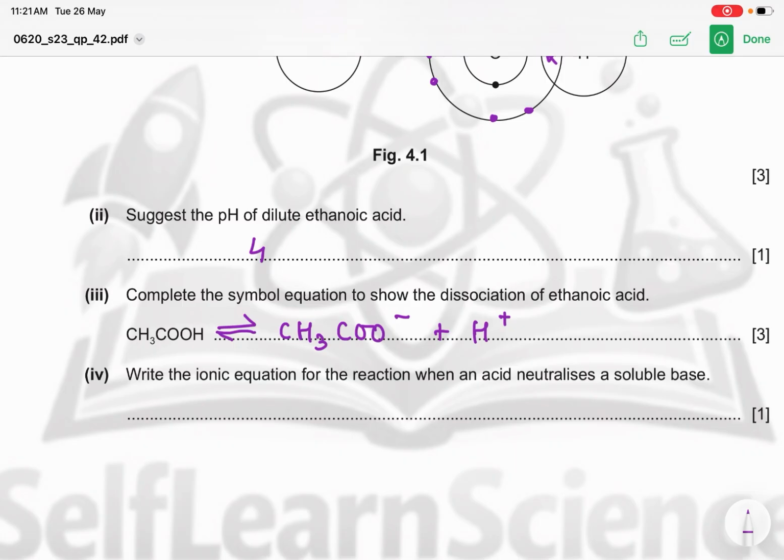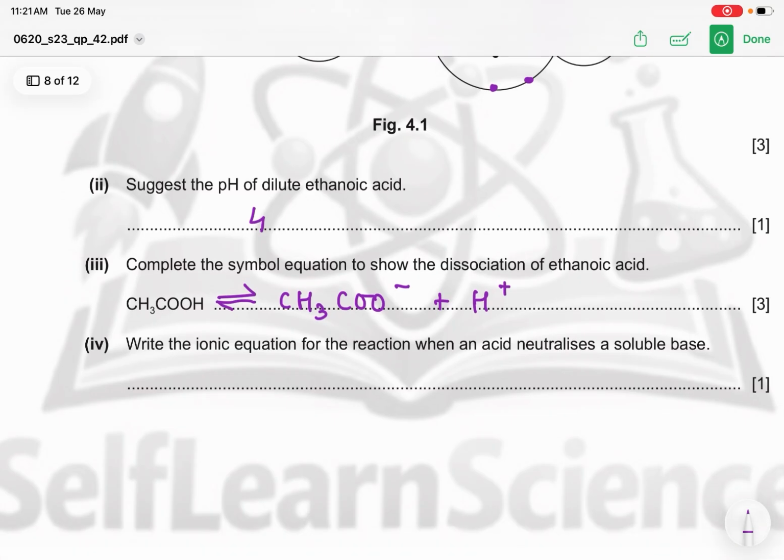Next, write the ionic equation for the reaction when an acid neutralizes a soluble base. Soluble base meaning it's an alkali. So the ion responsible for acid is H plus and the ion responsible for an alkali is OH minus.